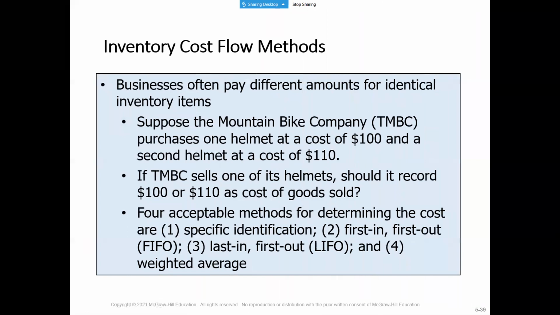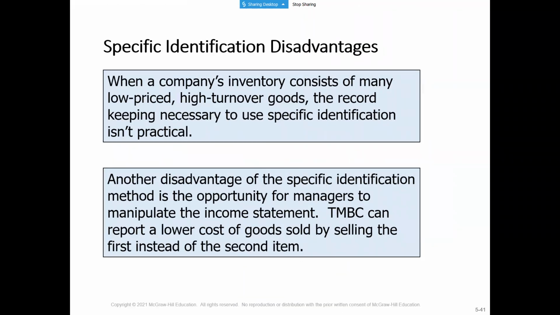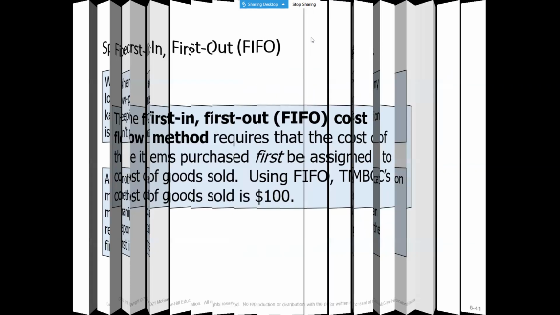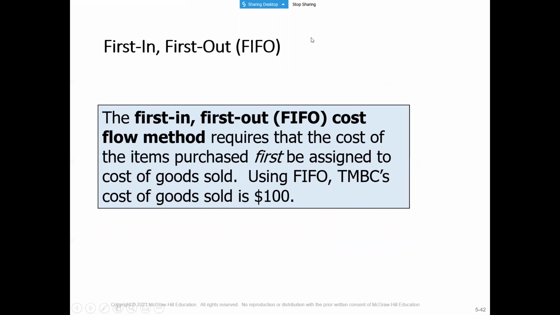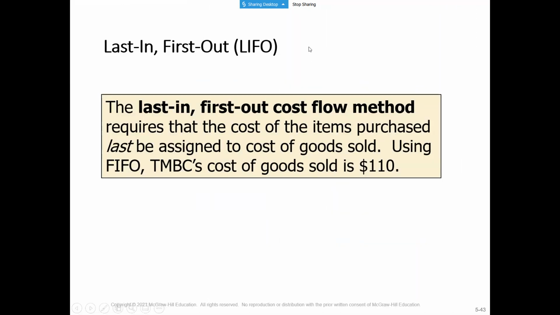Okay, so the inventory methods, we had FIFO, we had LIFO, we had average cost. Specific identification is very rarely used. First in, first out: first items purchased are the first items sold. Last in, first out: most recently purchased items are going to be the first ones sold.